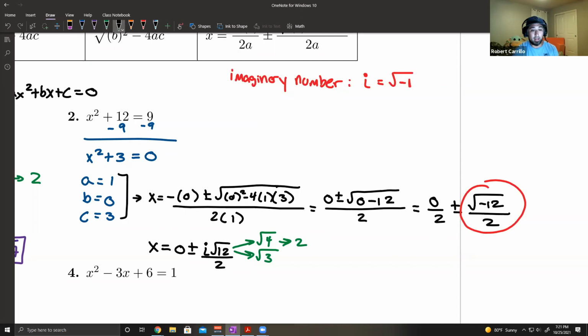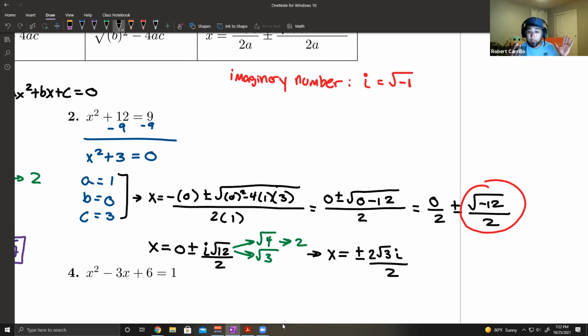Okay, and now we'll get x equals plus or minus, I don't need that 0 there anymore because 0 is 0, and I have 2 square root of 3, and I still have that i out front. So the way I'm going to write this is as 2 square root of 3 i over 2.